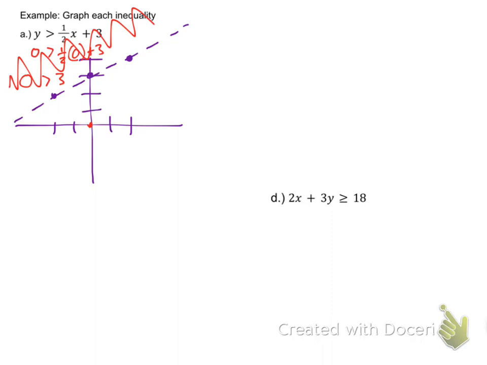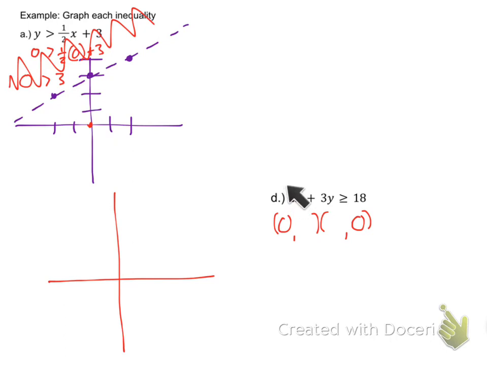The next one is in standard form. I like standard form actually a little bit better than slope-intercept form when it comes to graphing lines, because then I'm going to use my cover-up method. Remember in the cover-up method when we did this, you put 0 in for x and you put a 0 in for y separately, so that when I put a 0 in for x, I can cover it up.